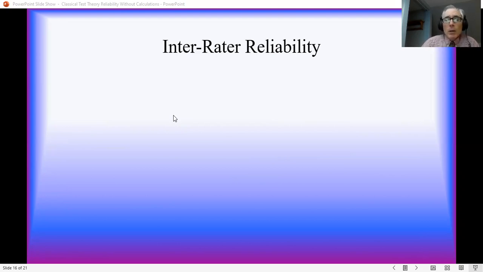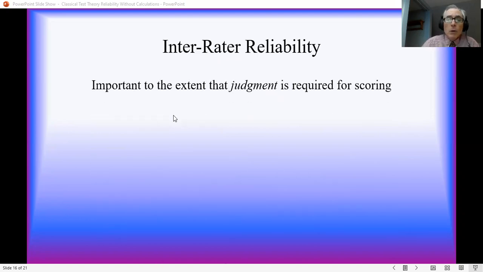Inter-rater reliability is, in my judgment, very important, although it often isn't discussed as extensively in psychometric textbooks. This one comes into play to the degree that one must exercise judgment in scoring, rating, or evaluating a product.